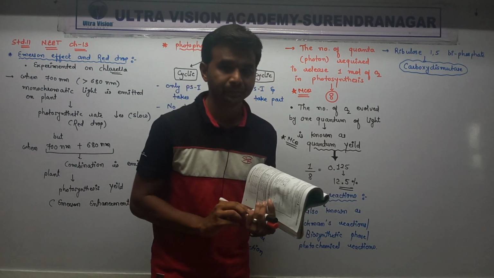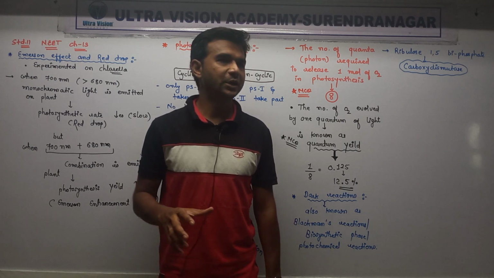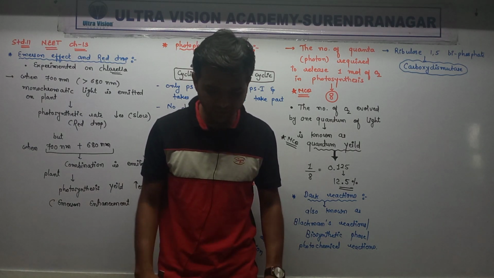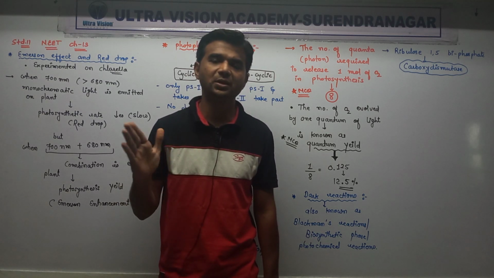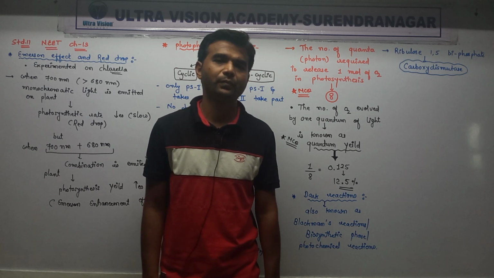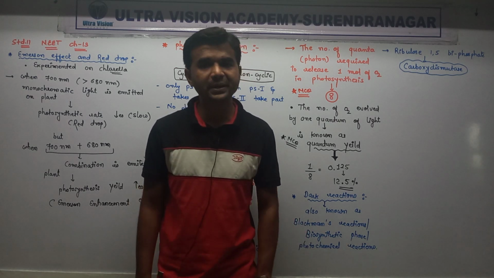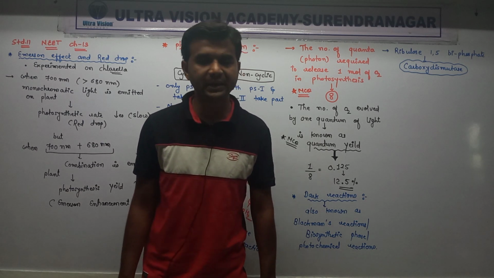Why? You know that Rubisco, the full form of Rubisco, is ribulose biphosphate carboxylase oxygenase. So it is the most abundant enzyme on the earth, or the most abundant protein in the plants.